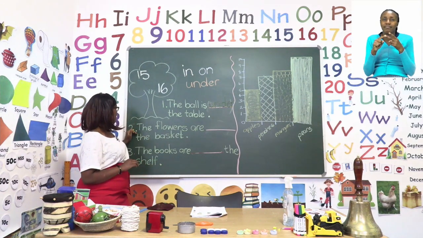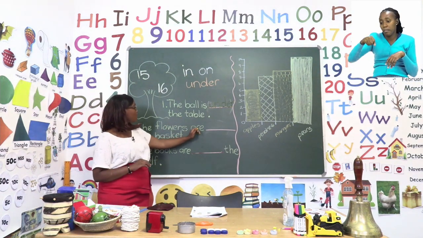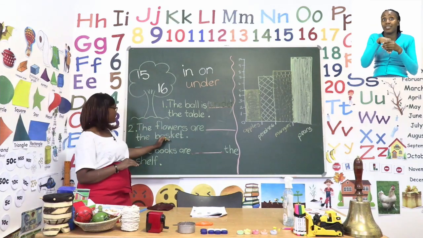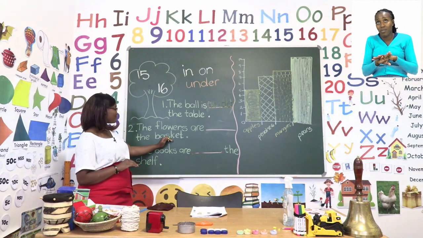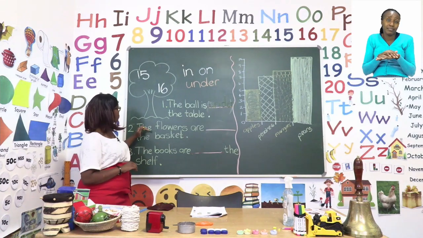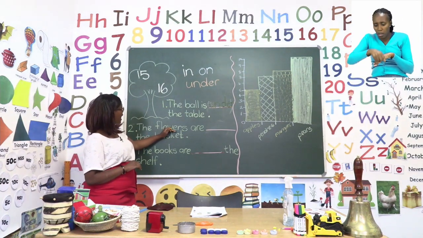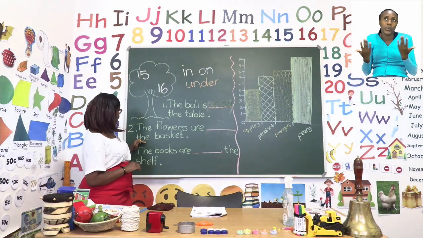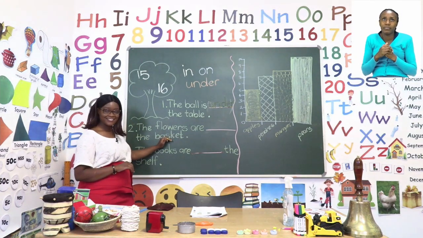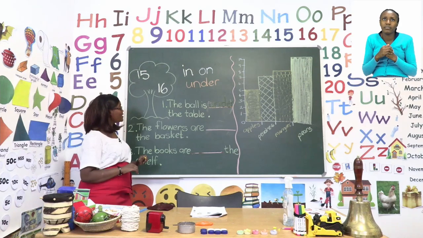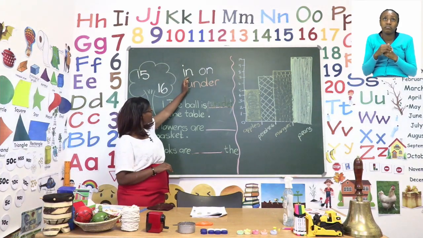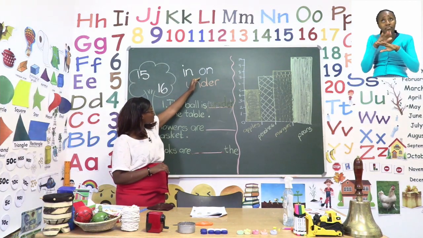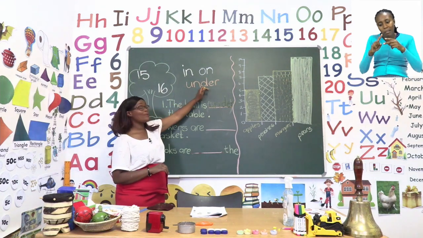Number 2 says, the flowers are dash the basket. Let's read it again. The flowers are dash the basket. Do we say in the basket, on the basket, or under the basket?